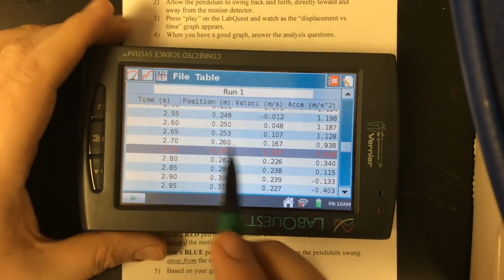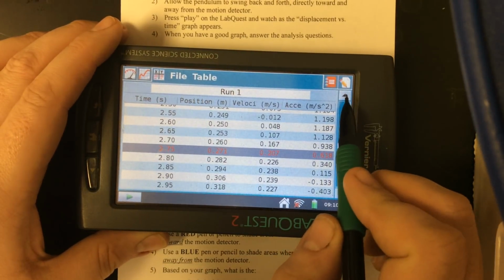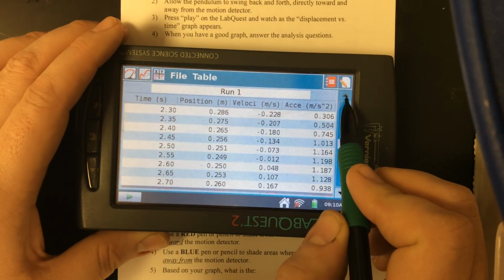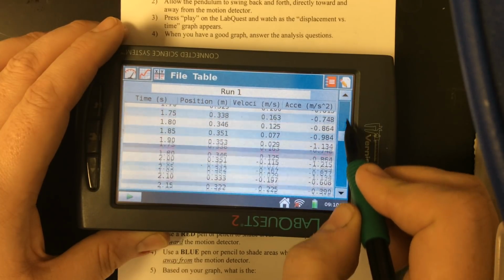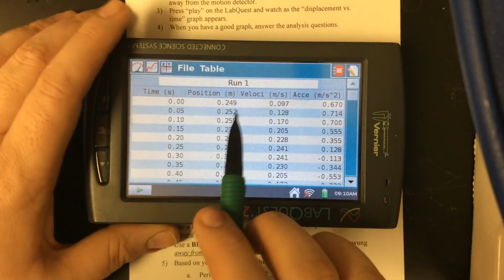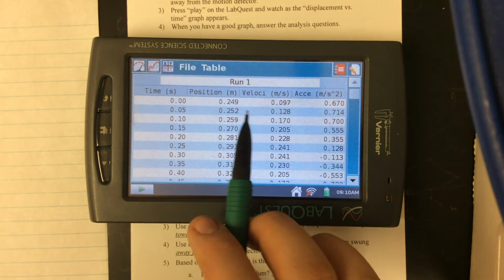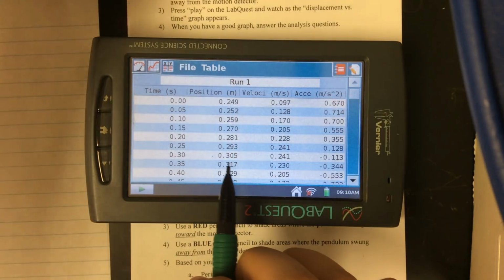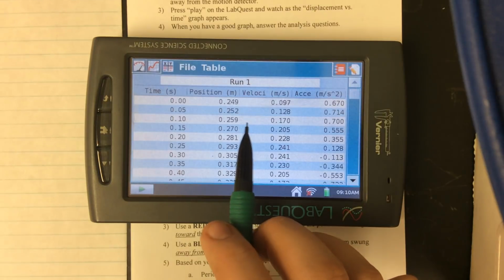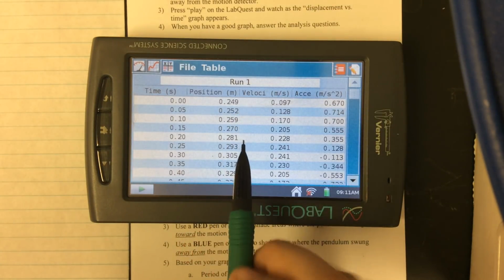Now notice that it tells me my time, my position, it gives me all kinds of other stuff. But I just want time and position. And I'm going to start at 0 seconds. So what I'm looking for here is the highest position and the lowest position, because I want to know how far did it go away from the motion detector and how close did it get to the motion detector.